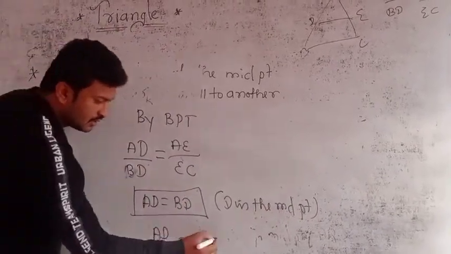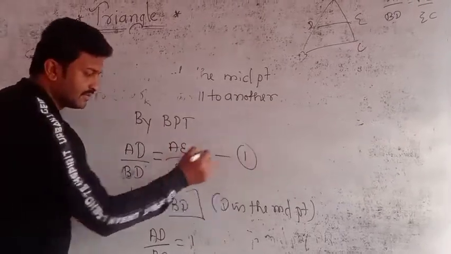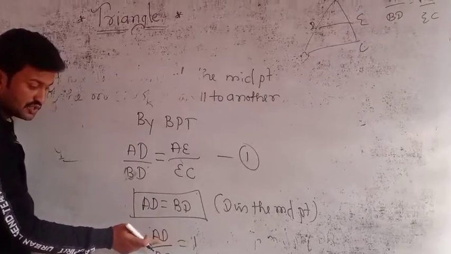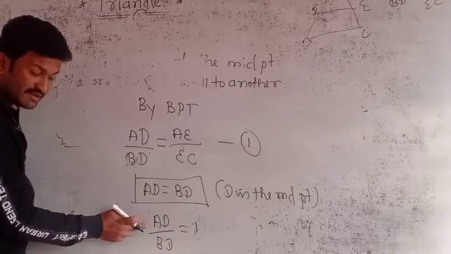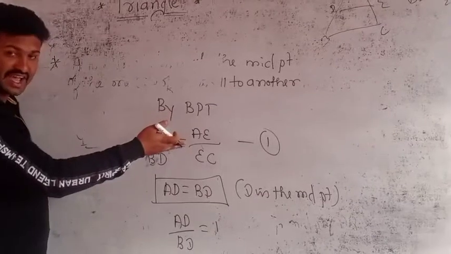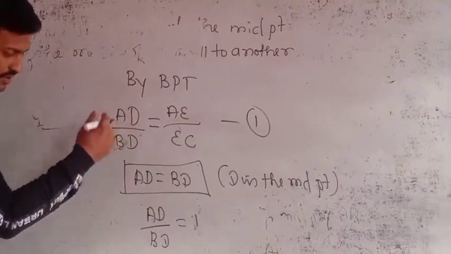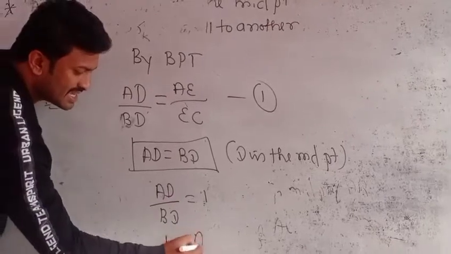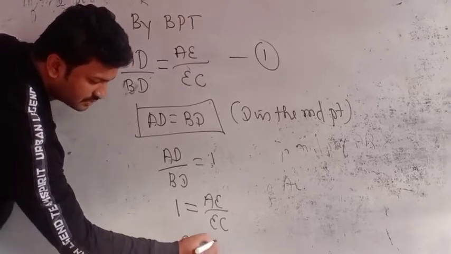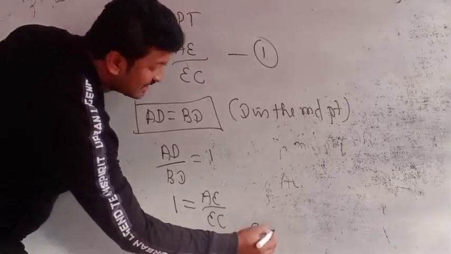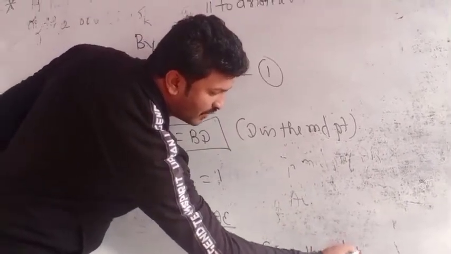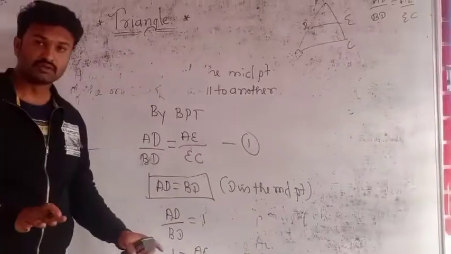And go to the first one. AD by BD equals 1. Substitute the value of AD by BD. How much do you get here? 1 equals AE divided by EC. Cross multiply: EC equals AE. This means E is the midpoint. Hence proved.